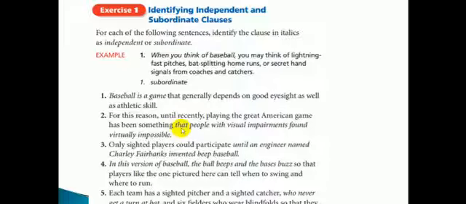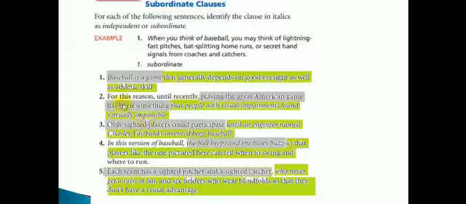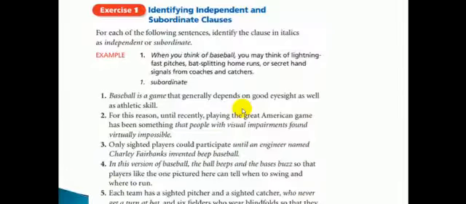Because it started with this relative pronoun that. And if you remember, we can say it is an adjective clause. Why? Because it describes this something. The whole clause here is describing this something. So the same thing: playing the great American game and that people are two different clauses, one of them independent and the other dependent.